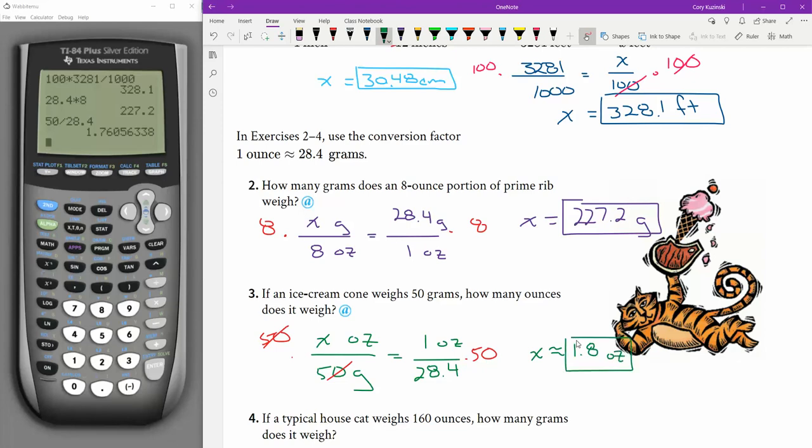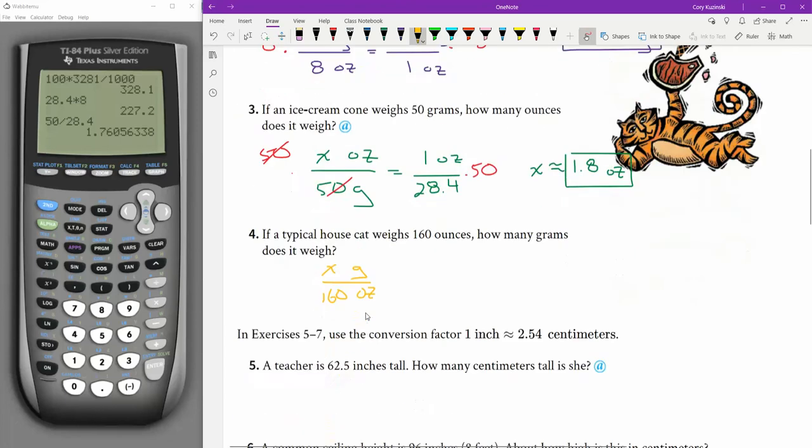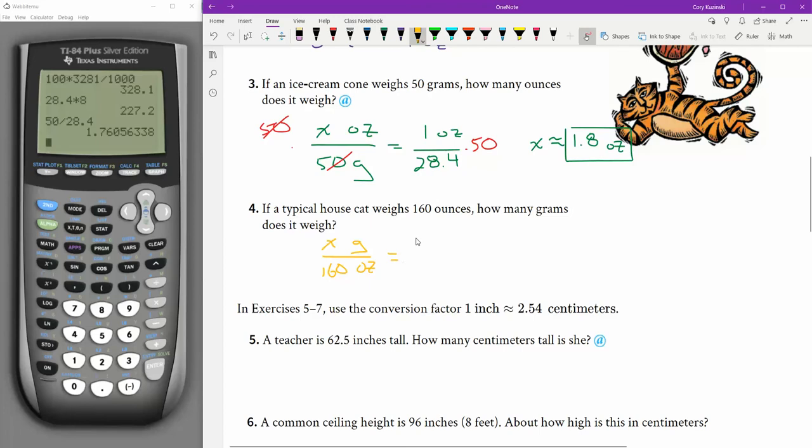One more. Typical house cat. Let's go orange. Weighs 160 ounces. How many grams is that? X grams is 160 ounces. And we know that 1 ounce is 28.4 grams. So I'm going to say 28.4 grams is 1 ounce.